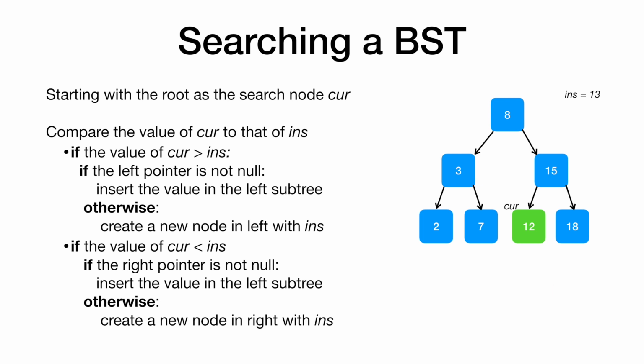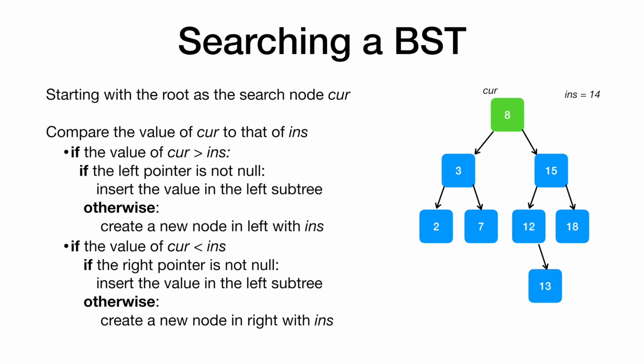If the value of our current node is less than our insert value and the right pointer is null, which it is here, we've reached the end of the tree. We're going to create a new node with that value. So now the right child of 12 is 13. And that maintains our property that 13 is bigger than 8, less than 15, bigger than 12. So now this is still a proper binary search tree.